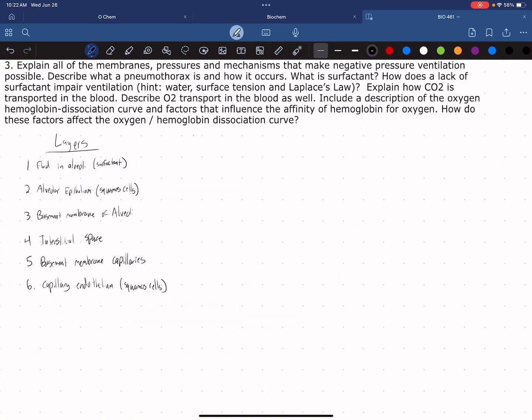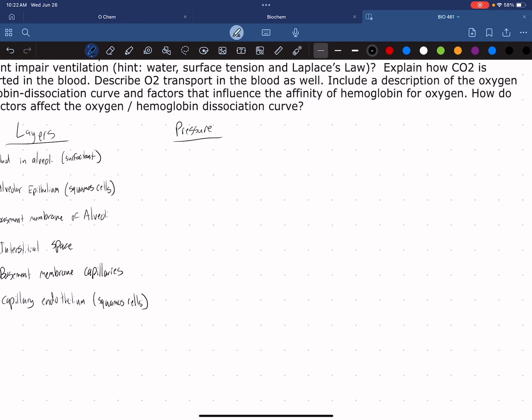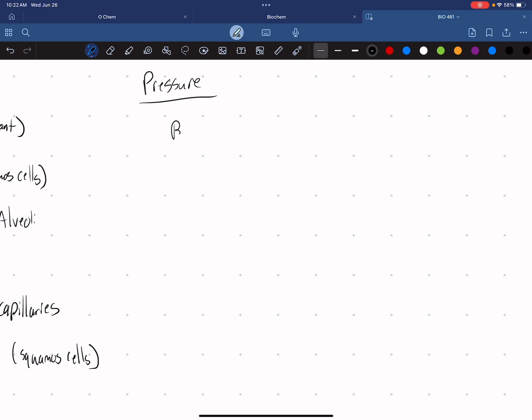So now when thinking about this ventilation, we think about pressure. And a good way to define this is by Boyle's law, which states that pressure is inversely related to volume. So if the volume were to increase, the pressure would go down, and vice versa.